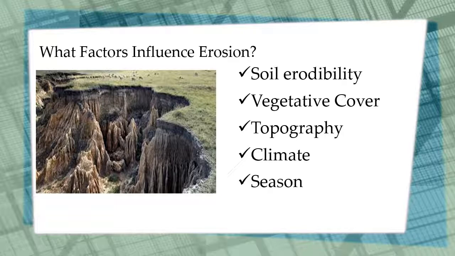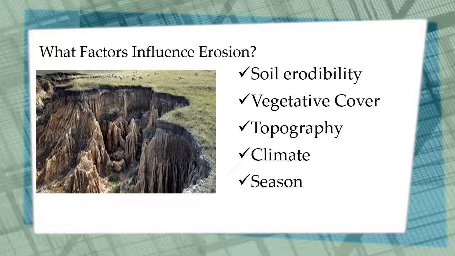Good vegetative cover provides protection from erosion through roots holding the soil in place, as well as the plants themselves protecting the soil from raindrop erosion. Plants also slow down the velocity of water as it flows over the ground. Reducing the velocity limits how much power the water has to pick up soil particles.